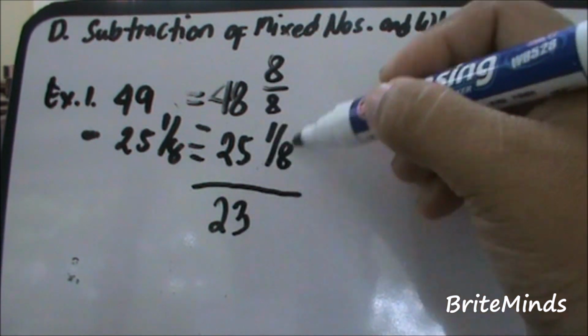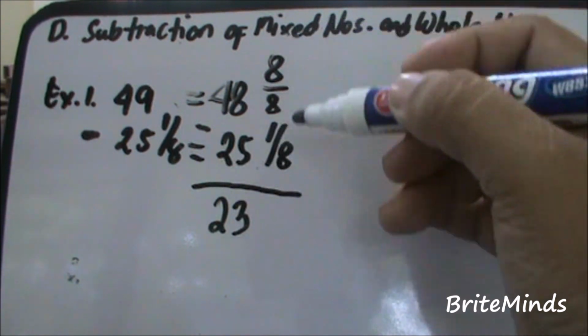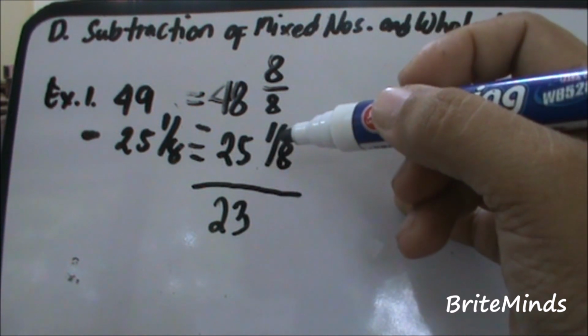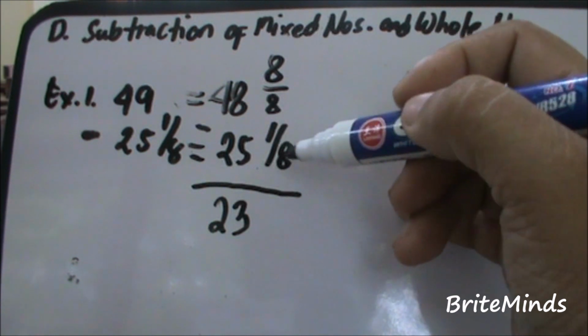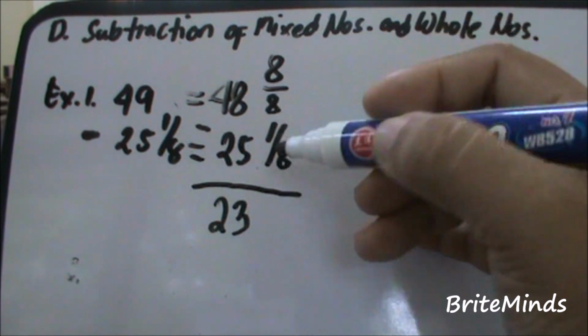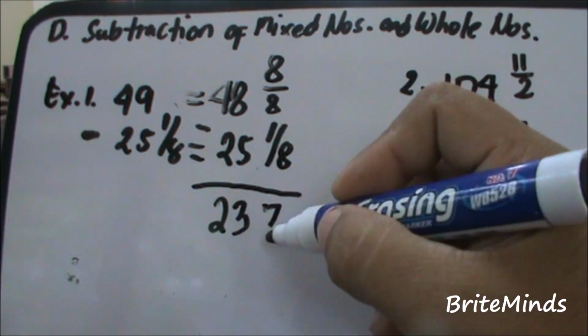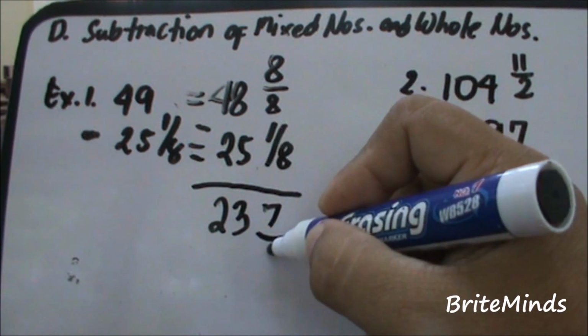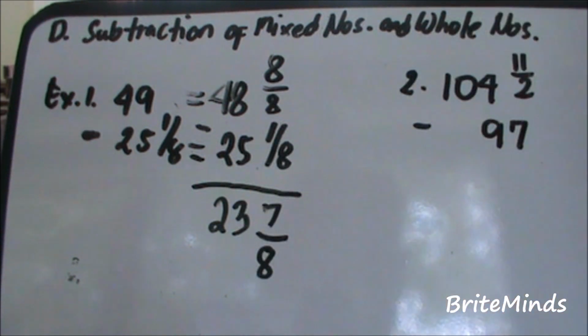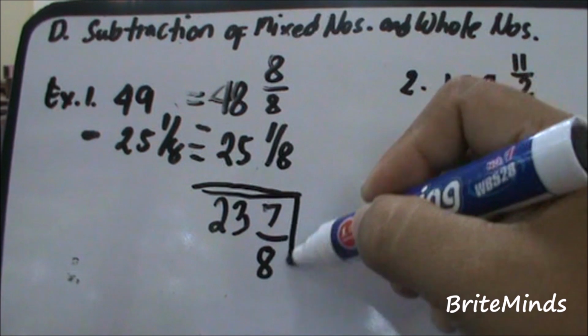Since our fractional parts are similar fractions, proceed to subtraction. Then retain the denominator. So 8 minus 1 is 7/8. So our answer is 23 and 7/8.